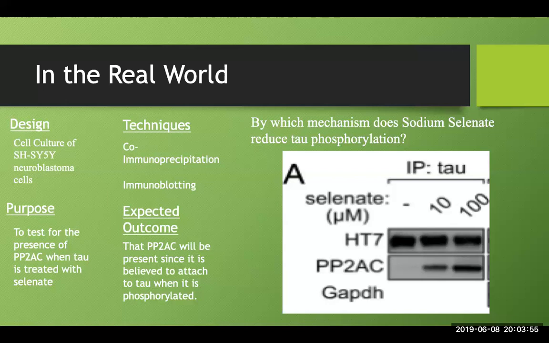The PP2AC bands show that PP2AC is present when tau is treated with selenate. As they increase the concentration of selenate, you can see the increase in the abundance of PP2AC.